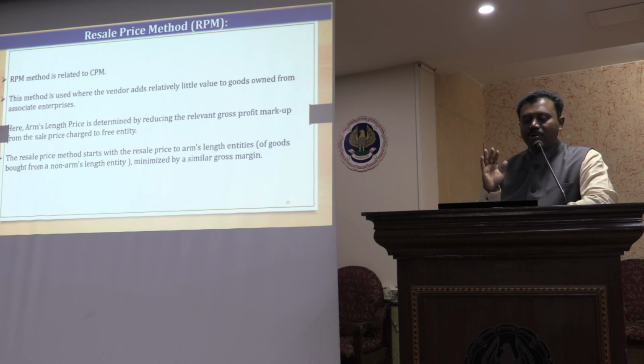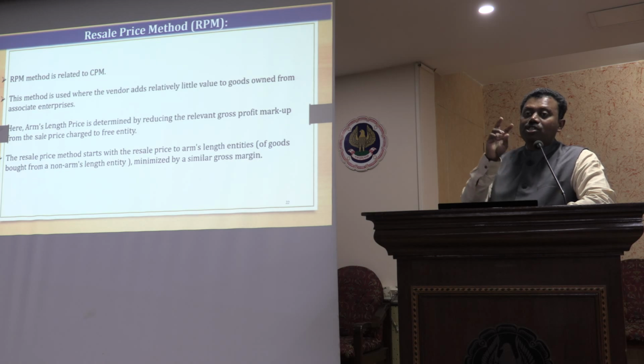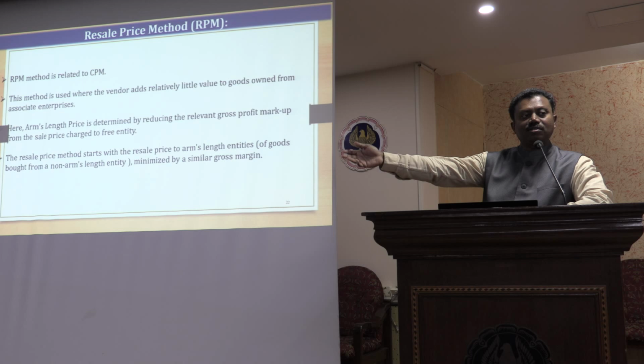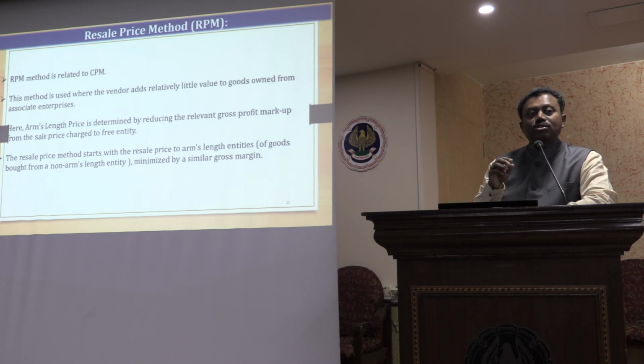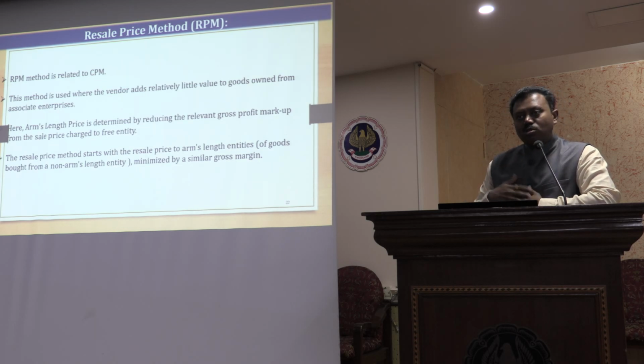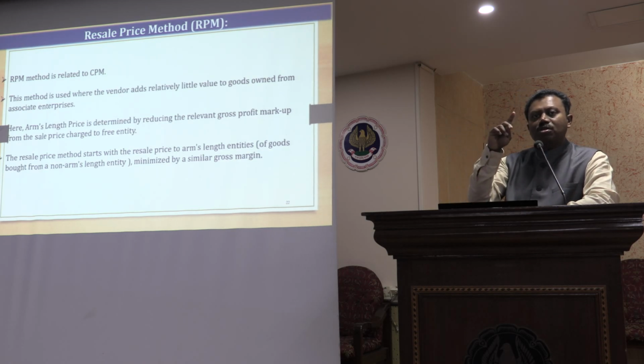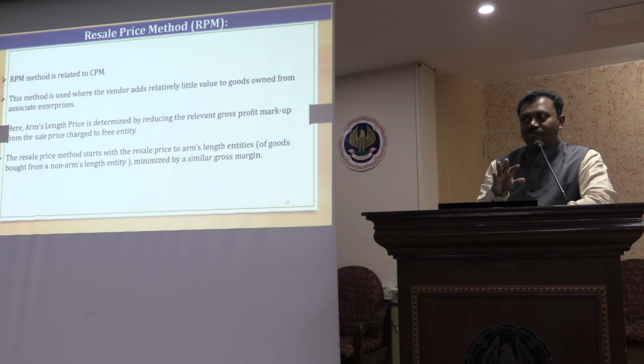Then we come to the resale price method. This is also, in a way, indirectly the cost plus method only. But the nature of businesses covered here are those where there are back-to-back transactions. Something like a manufacturer is there, a wholesaler is there, a dealer is there, a final consumer is there. So when I do the back-to-back transaction, at each level, normally, what is the margin that I keep? That margin again is nothing but my gross profit. So invariably RPM and cost plus method both look at gross profit.